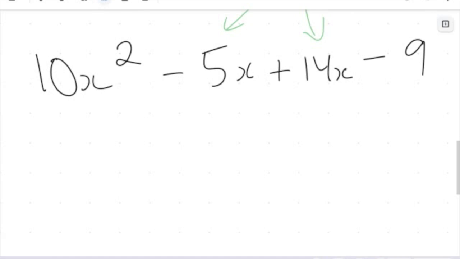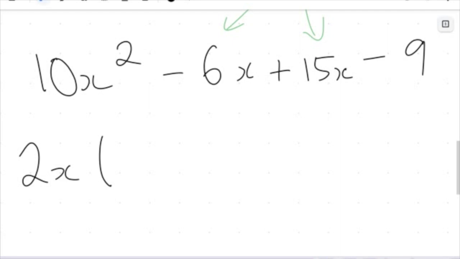What if, for example, I said, okay, I was pretty close, so why don't I just change this -5 to a -6, and I change this thing here to a positive 15. Okay, now what am I going to do here? Well, let me try grouping the two pairs separately. So I'll do this one first. I'm going to do 2x as a common factor, because that goes into both 10x squared and -6x.